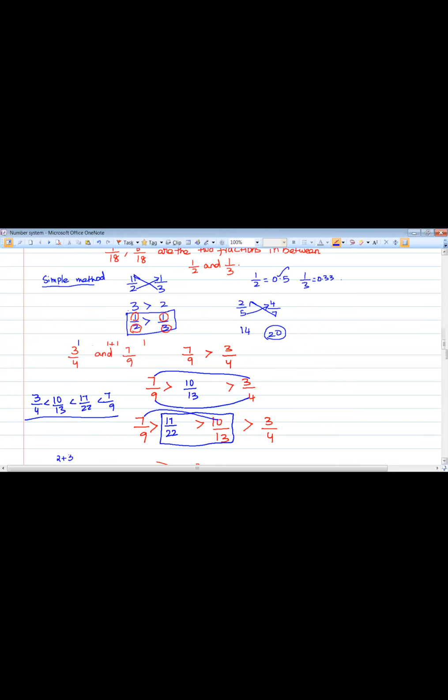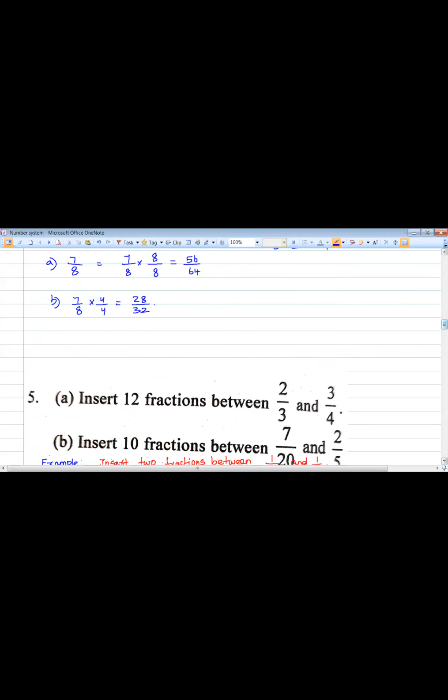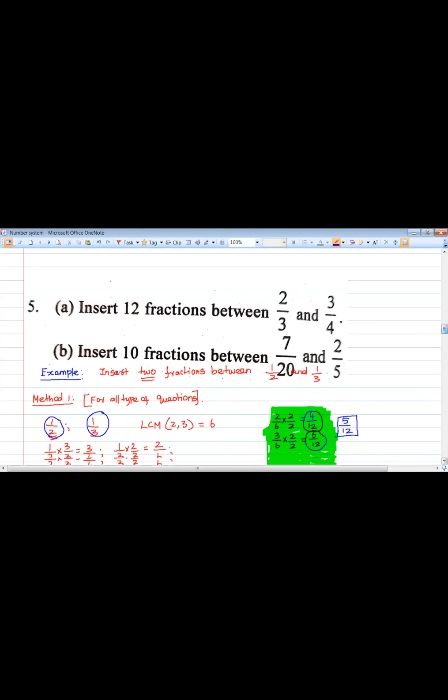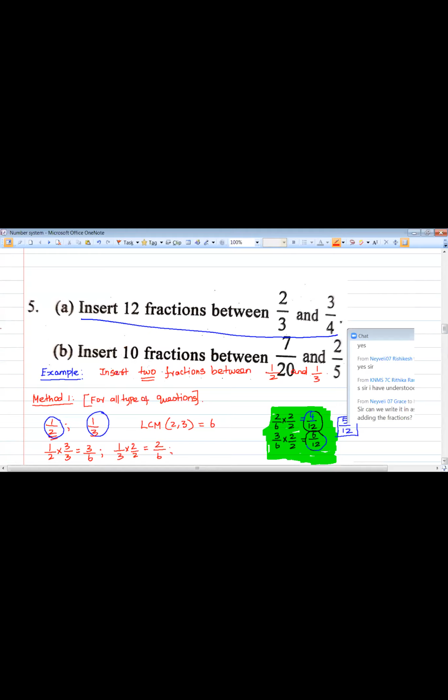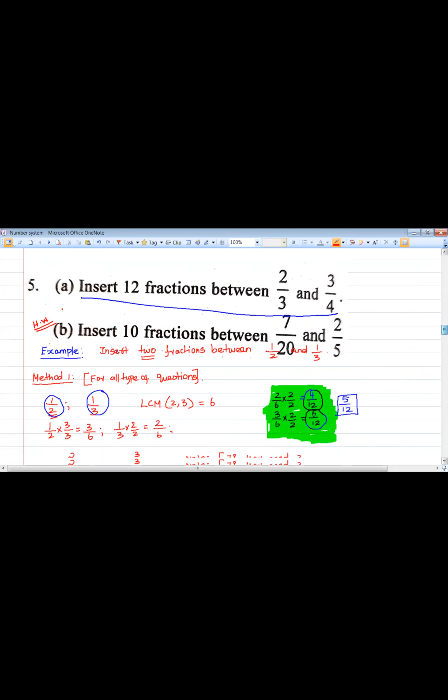Okay. Shall we discuss the answers from the exercise? Insert 12 fractions between 2 by 3 and 3 by 4. Now, dear students, take this question as your homework. Please write that question as your homework.